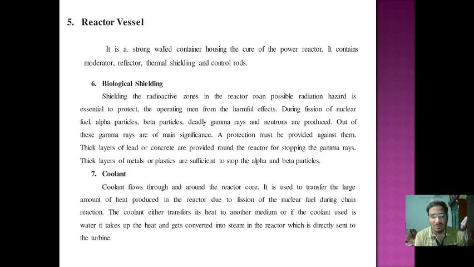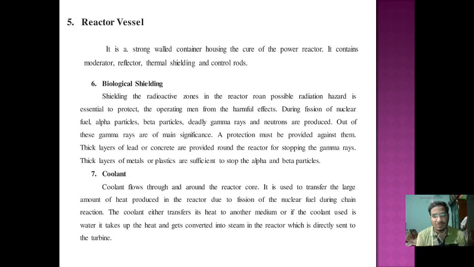Because it is not operating automatically, we have to give an operator to operate the reactor. For safety purposes, it is essential to protect against the radiation of the nuclear reactor; if we do not contain it, the operating man will suffer harmful effects. So we have to control the radiation.